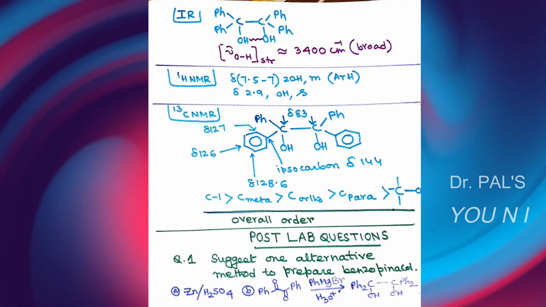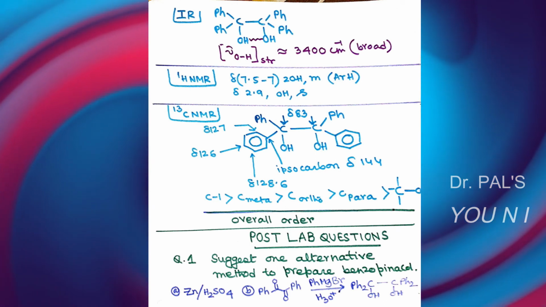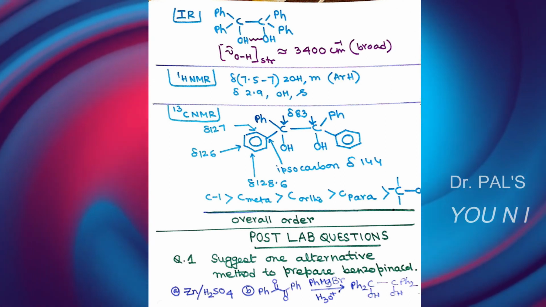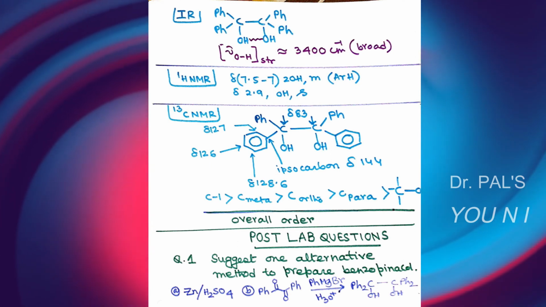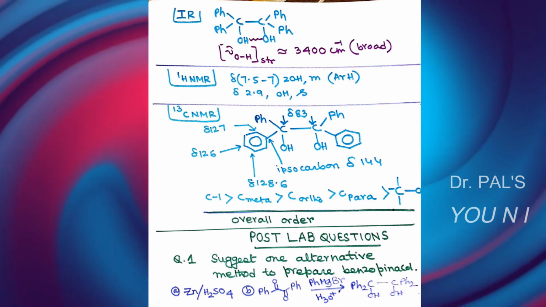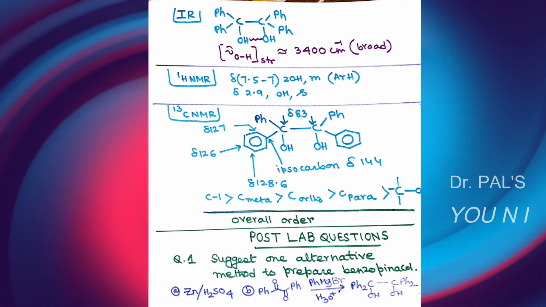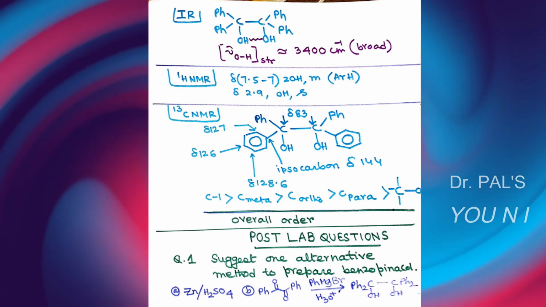So the meta carbon will have a higher value than the ortho and the para, because if we draw the resonating structure, since this group is electron donating, negative charge comes on the ortho and the para, so they get shielded over the meta. So first is the ipso carbon, followed by meta, next is ortho and para, and these are all above 100 ppm because they represent the phenyl ring.